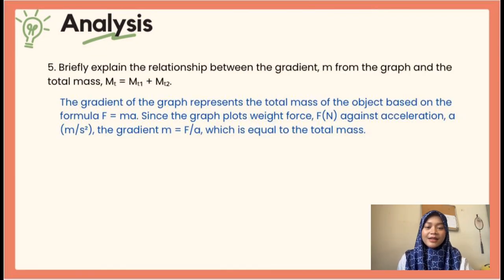And lastly, I'm going to explain the relationship between the gradient of the graph and the total mass, MT equals MT1 plus MT2. The gradient of the graph represents the total mass of the object based on the formula F equals ma. Since the graph plots weight force over acceleration, the gradient m equals F over a, which is equal to the total mass.